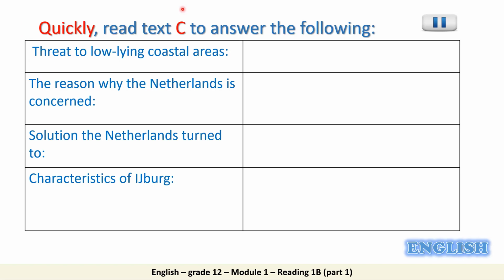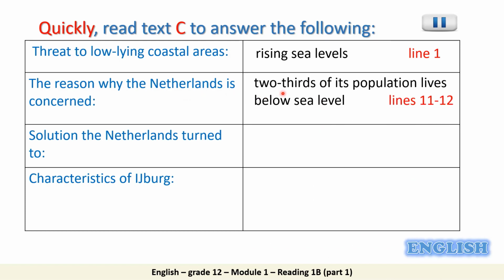Well, as you remember, text C is an article about low-lying coastal areas, areas that are near to the sea or the ocean, and the danger they are facing is, well done, the danger is rising sea levels. The Netherlands is worried because, yes, 2/3 of its people live below sea level.